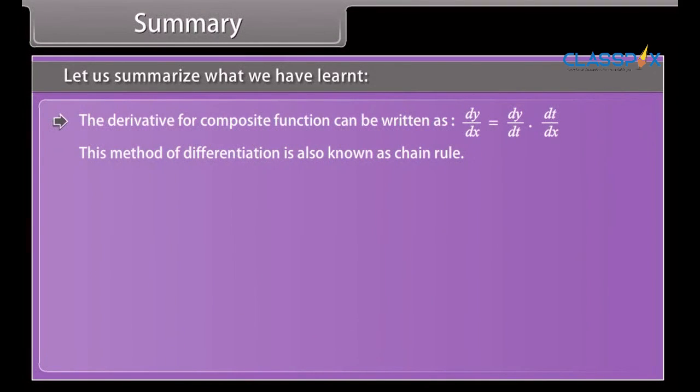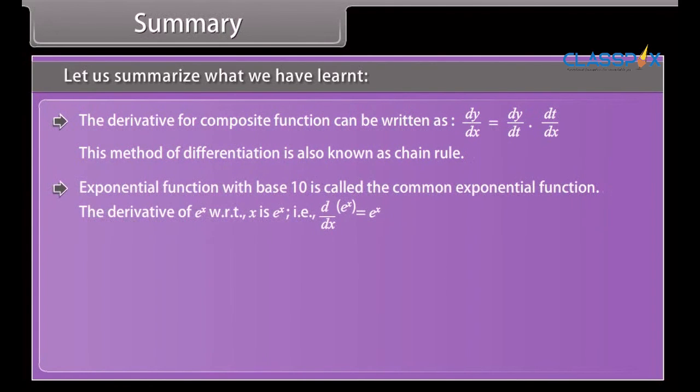The derivative of a composite function can be written as dy by dx is equal to dy by dt into dt by dx. This method of differentiation is also known as chain rule. Exponential function with base 10 is called the common exponential function.